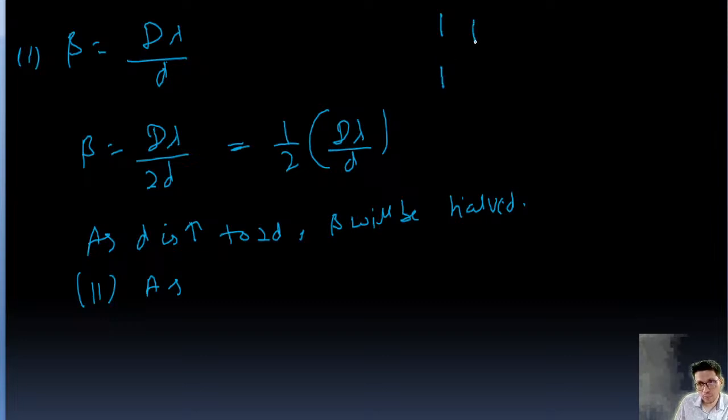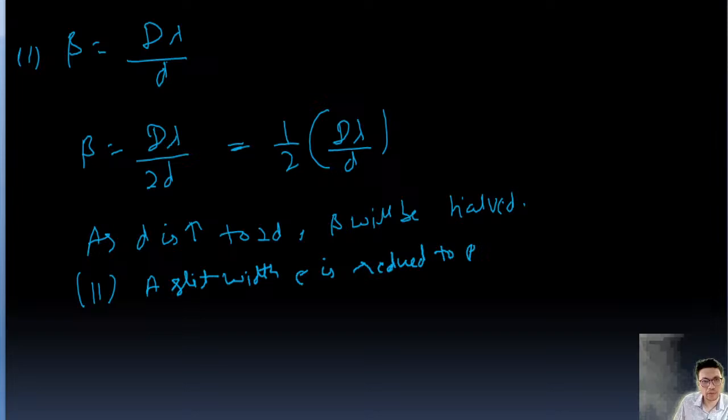This is slit width. Now we have halved it. As slit width E is reduced to E by 2, we have reduced it to half.